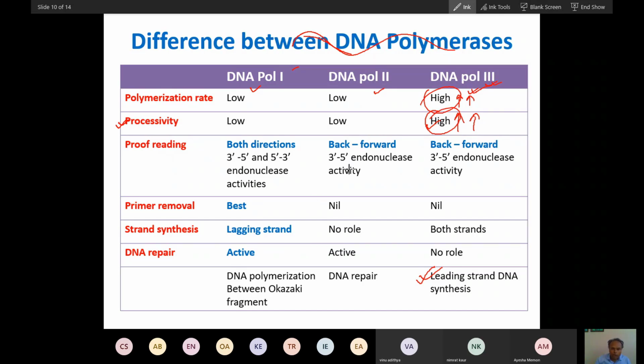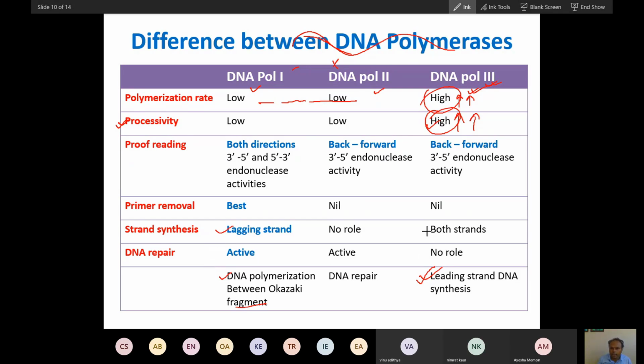Let me not talk about DNA polymerase 2 first. I have already told you DNA polymerase 1 fills the gap between the Okazaki fragments. So it is active at the lagging strand.